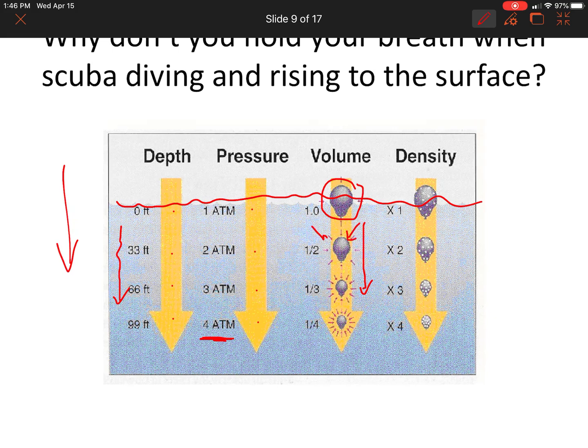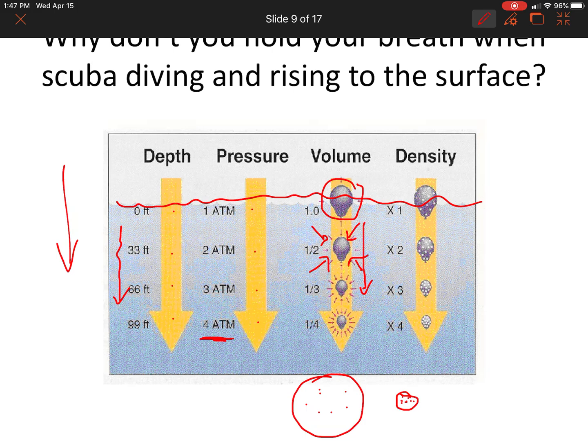So what that means is you've got more force, more pressure pushing against it, so it's pushing the gas particles closer together. So in that first balloon, you've got your gas particles, and by the end, it's very small because the gas particles are being forced much closer to each other. So volume changes.